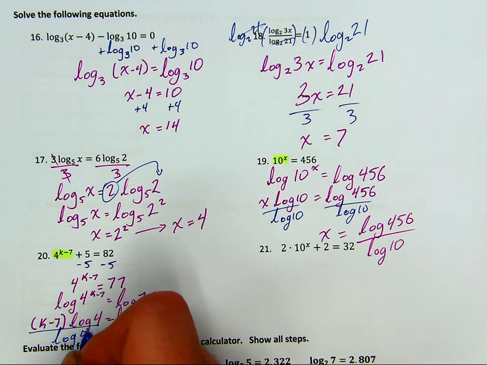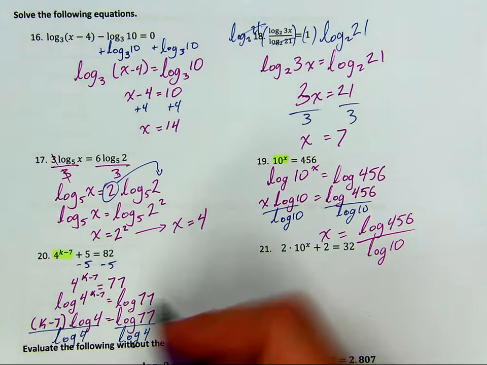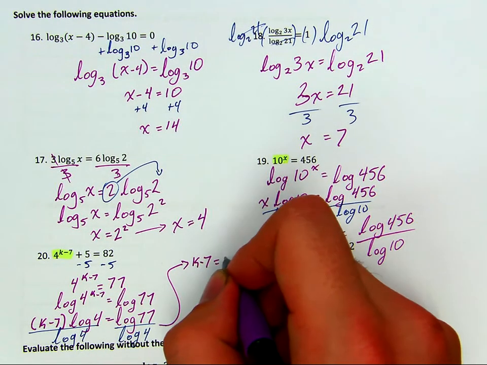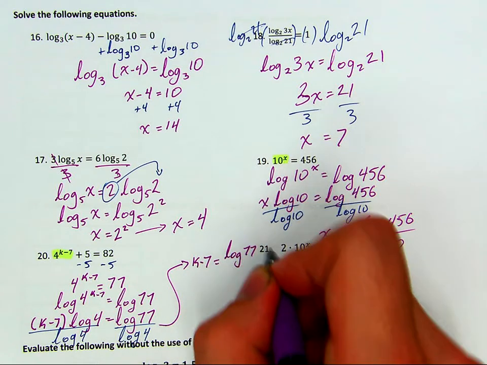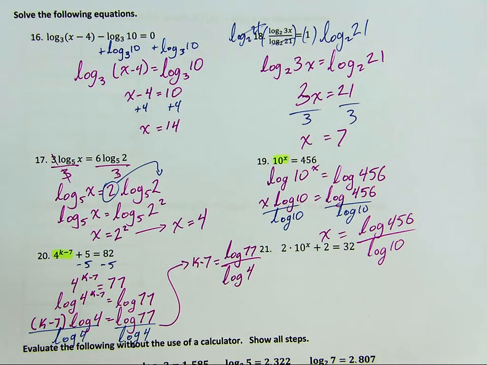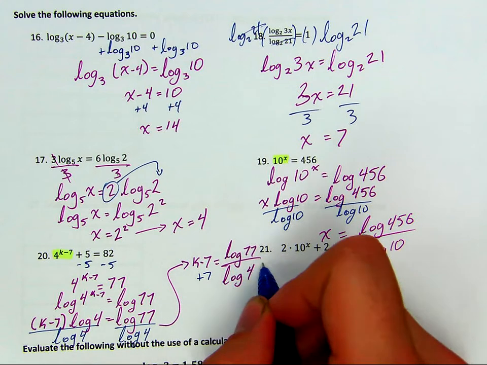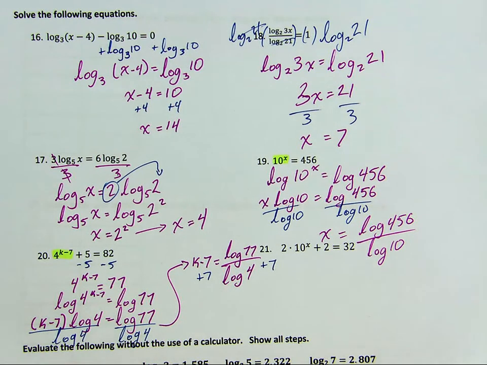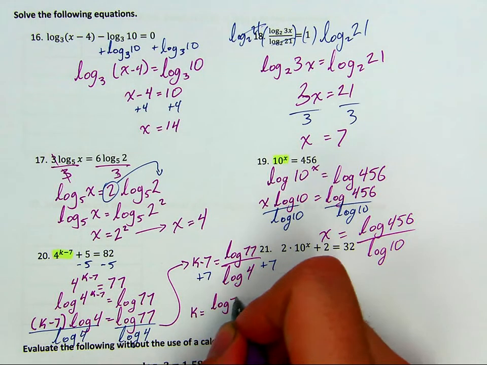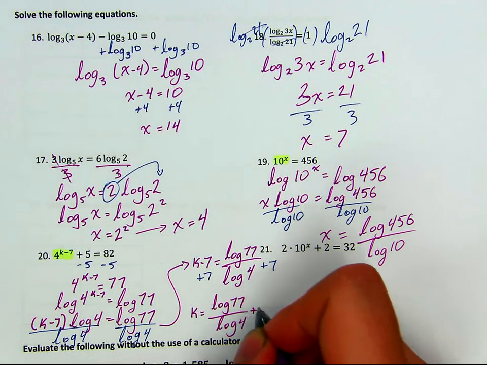We now have k minus 7 equals log of 77 over log of 4. And then finally, getting rid of that minus 7, we're going to add 7 to both sides. Now we end up with k is equal to the log of 77 over the log of 4 plus 7. Keep in mind that plus 7 is outside of a logarithm, so we cannot add that to the 77 or the 4 here.